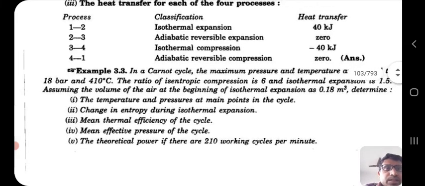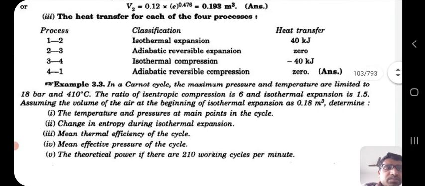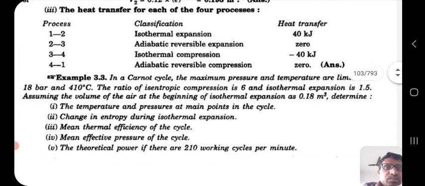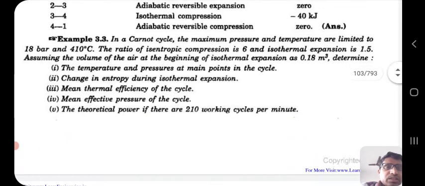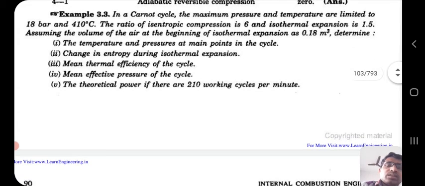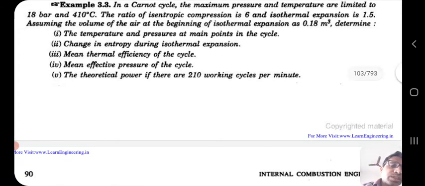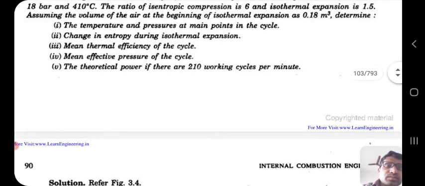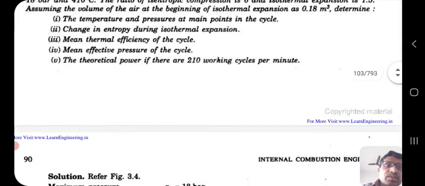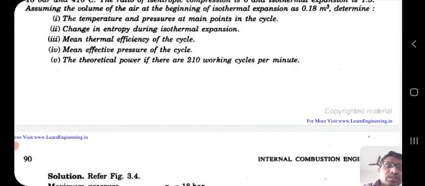In a Carnot cycle, the maximum pressure and temperature are limited to 18 bar and 410 degrees centigrade. The ratio of isentropic compression is 6 and isothermal expansion is 1.5. Assume the volume of the air at the beginning of isothermal expansion is 0.18 meter cube.